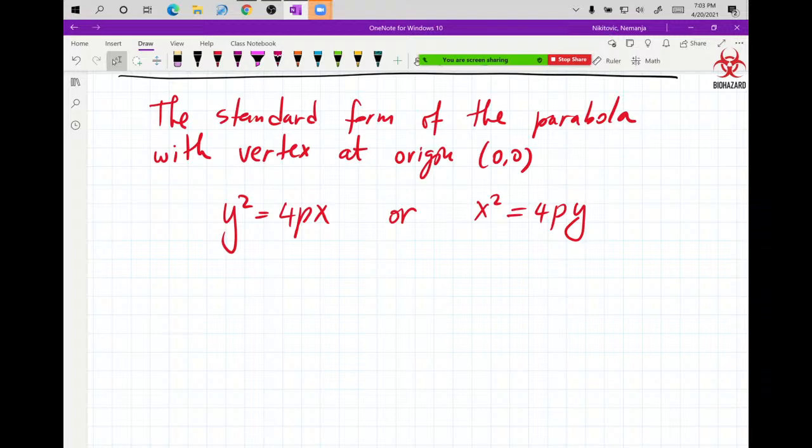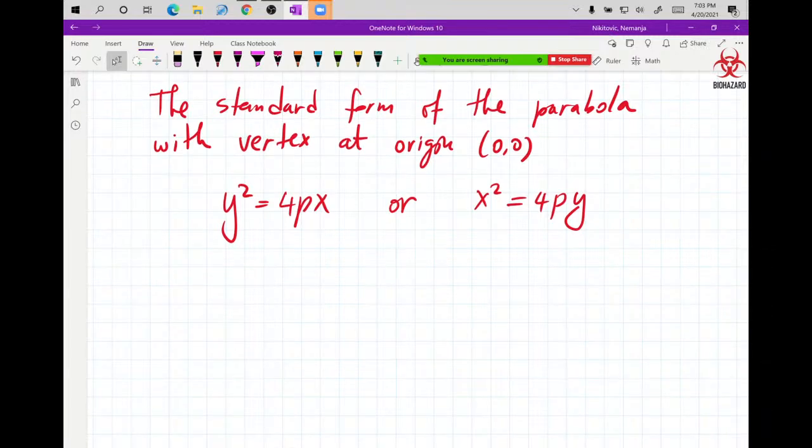Because we are taking a deeper look into the parabola, just like we did for the ellipse and hyperbola, you're going to learn this new line called the directrix, which is actually used to describe the parabola, and we can figure out what the meaning of all of this is.